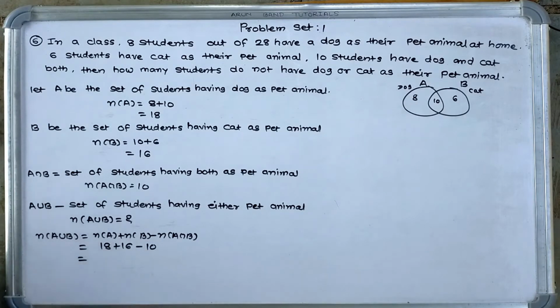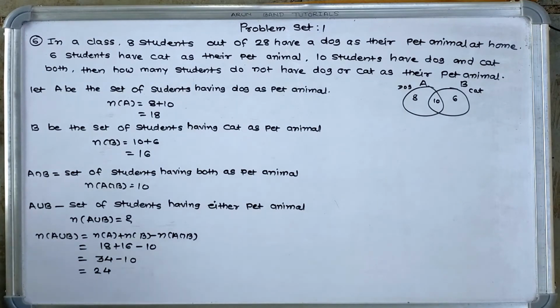So this will be 34 minus 10. So this will be equal to 24. So here out of 28 there are 24 students have dog or cat as a pet animal.